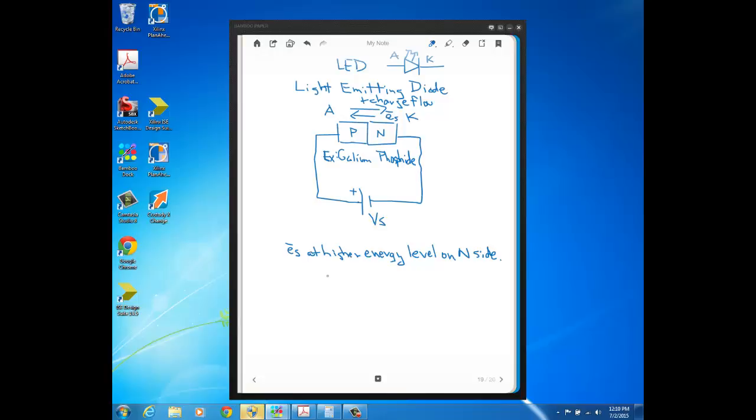And what determines the color is the gap, how big that gap is. And also the size of the gap is going to determine how much of a voltage drop we have across that junction.